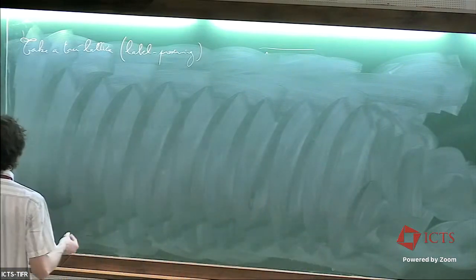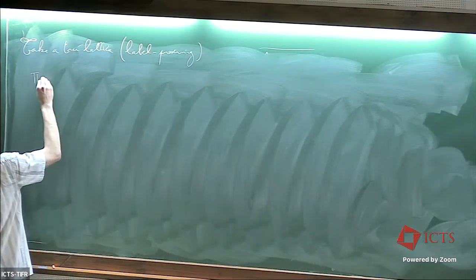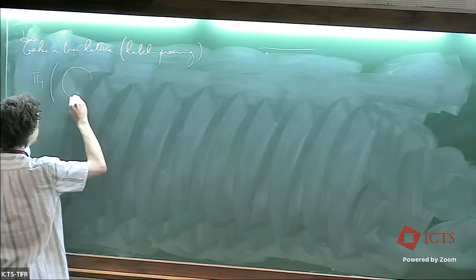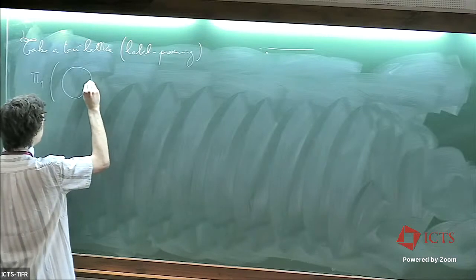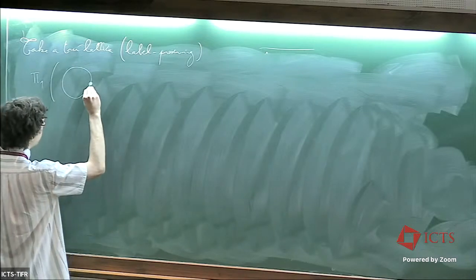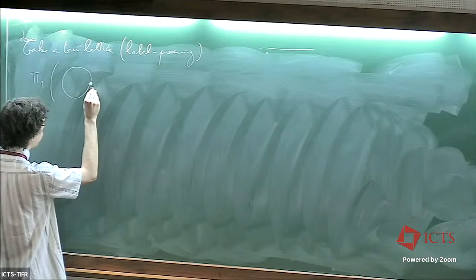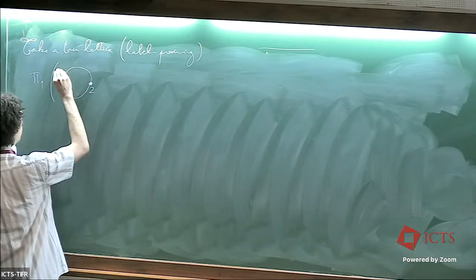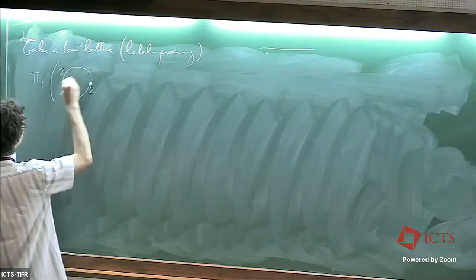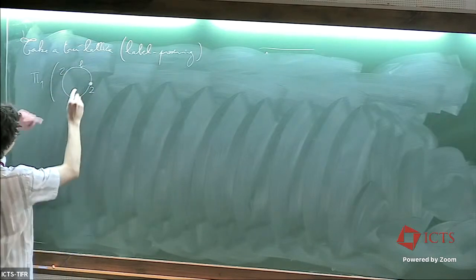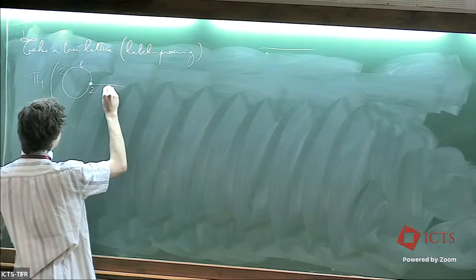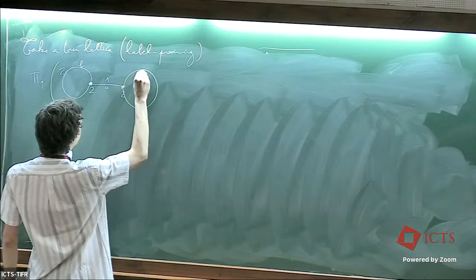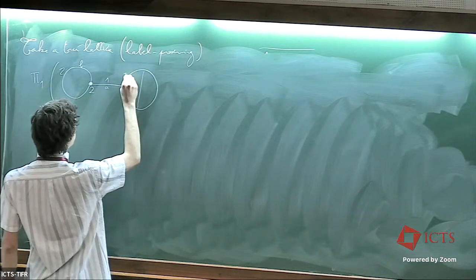You can give explicit examples. For example, I can write it as the pi1 of an infinite graph of groups, where let's say all the vertex groups are cyclic groups, and I'm just going to write their order. So maybe this edge would be B, and this edge would be A, something like this.